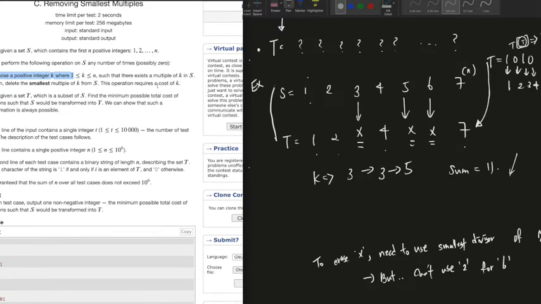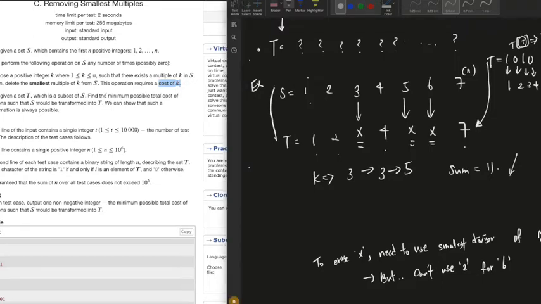So we can do any number of operations, but every operation has a cost of k, and it's necessary to minimize the cost.